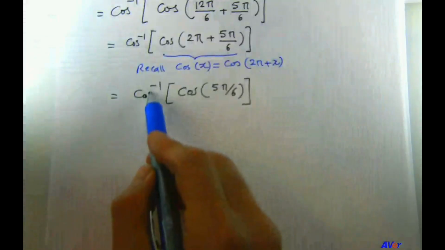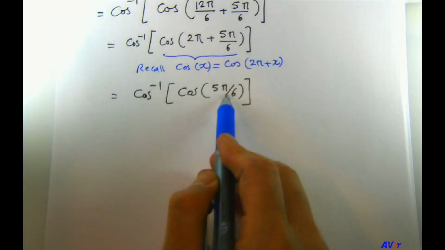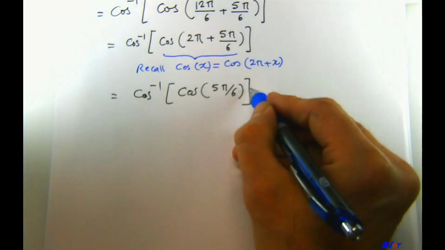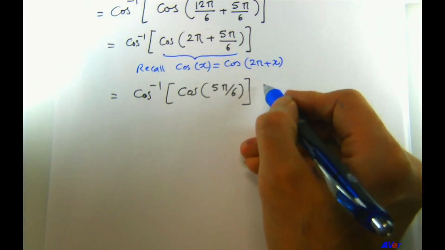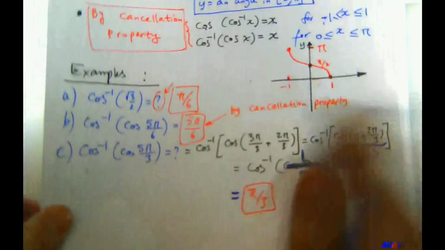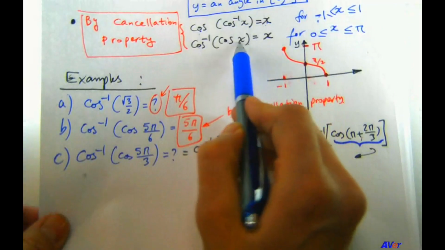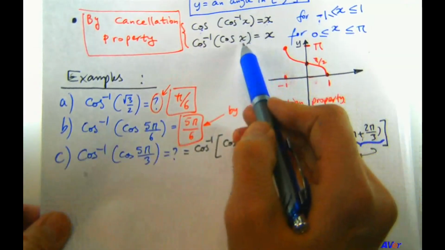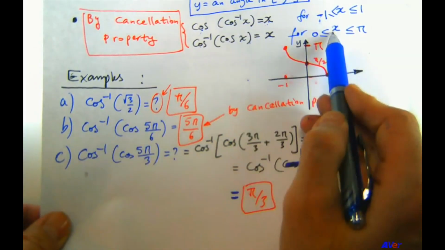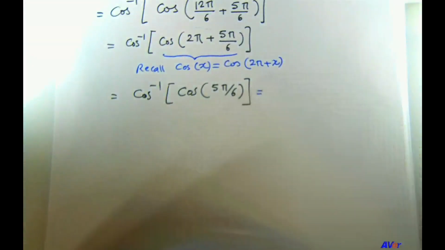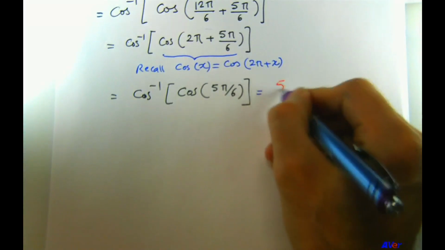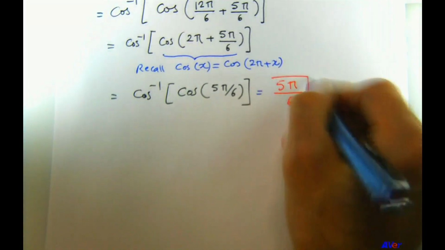So inverse cosine of x should be equal to 5 pi over 6, by the cancellation property. Inverse cosine of cosine equals that x, in our case 5 pi over 6, for x between 0 and pi. So this is equal to 5 pi over 6, and we are done.